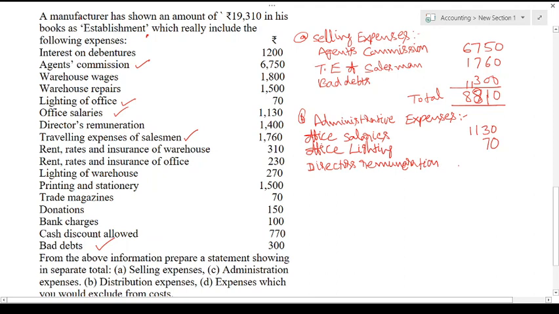Directors remuneration 1400. After directors remuneration, anything which is relating to office. Yeah, here rent, rates and insurance of office.